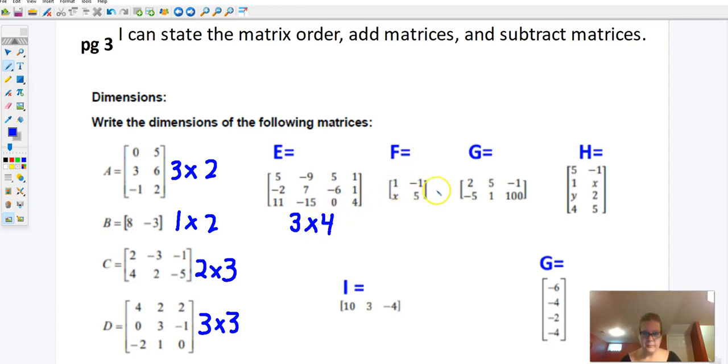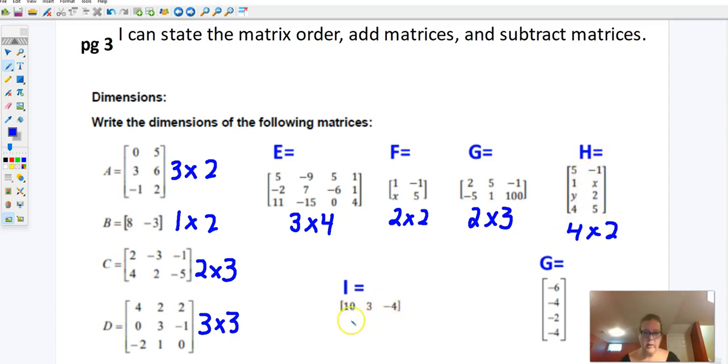Matrix F, 2 rows, 2 columns. Again, matrix D and F are considered square matrices because it's the same number of rows as columns. Matrix G, 2 across, 3 up and down, 2 by 3 matrix. H, 1, 2, 3, 4 going across, and 2 going up and down.